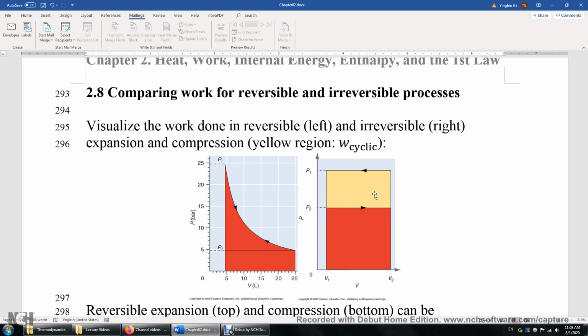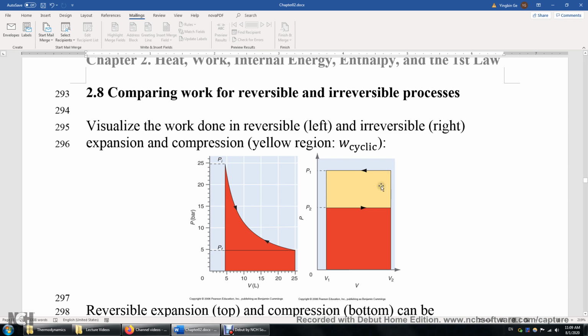And when work is converted to heat, later you will see that causes the entropy increase of the surroundings. When the entropy of the surroundings increases, while the system gets back to the original state, that means the entropy of the system has no change after the cyclic process. But overall, the entropy of the universe increases, and that's irreversible.